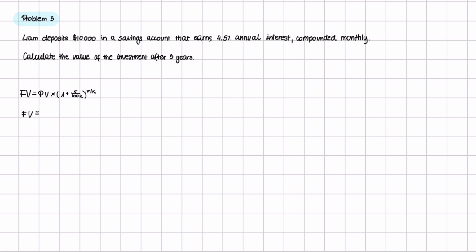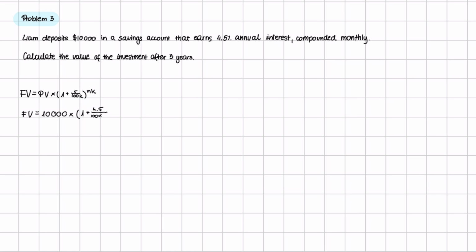And our present value is 10,000 times 1 in bracket plus r is 4.5, and in denominator we have 100 times k, and it is compounding periods, and we have compounded monthly.